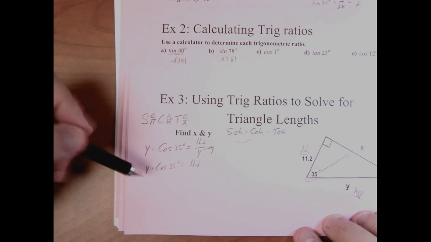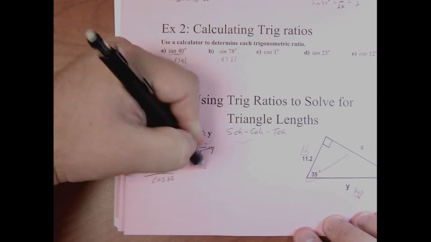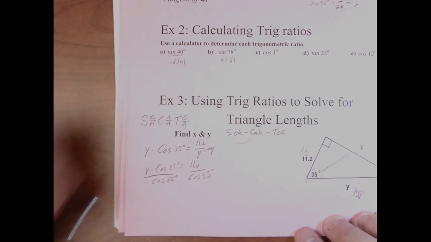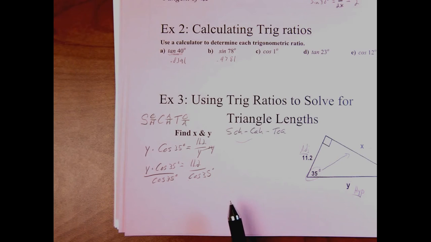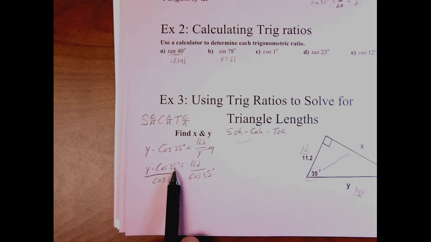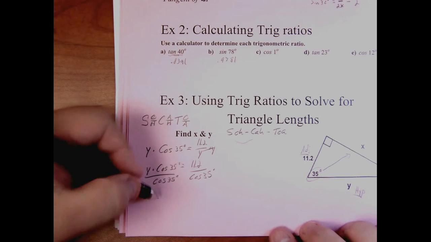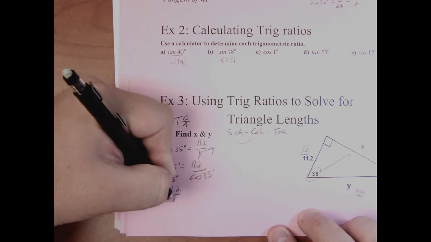To get it by itself, we're going to isolate it by dividing both sides by the cosine of 35 degrees. You will never divide just by 35. This is not a number the way 11.2 is a number. Please do not treat it as such. This is an angle, and this is a ratio that's associated with that angle. So guys, this is a package deal. They stay together. That will give us y equals 11.2 divided by the cosine of 35 degrees.